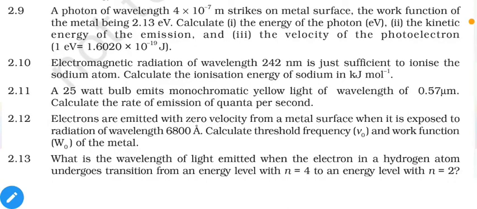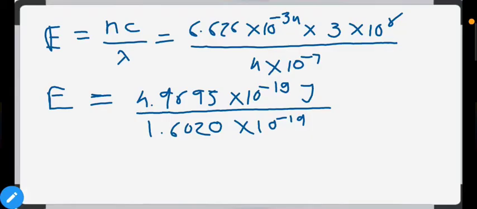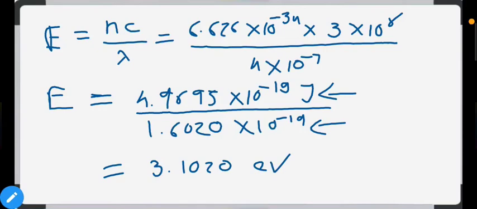So divide the value of energy in joules by 1.6020 into 10 raised to minus 19, and you will get 3.1020 electron volts as the energy obtained from that photon.